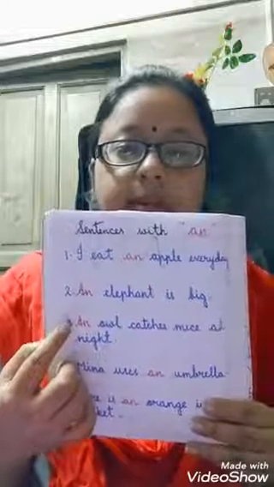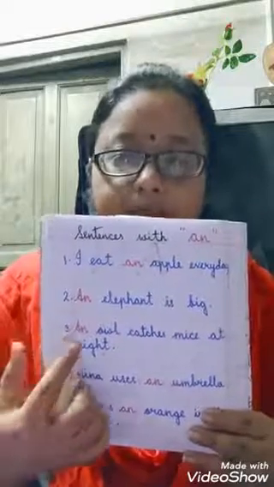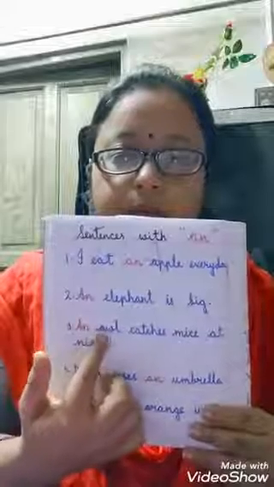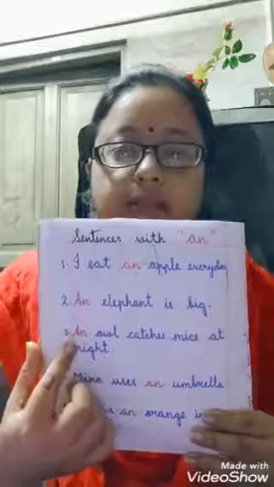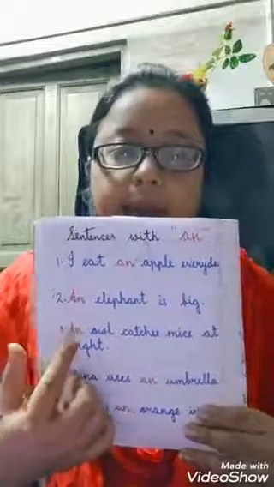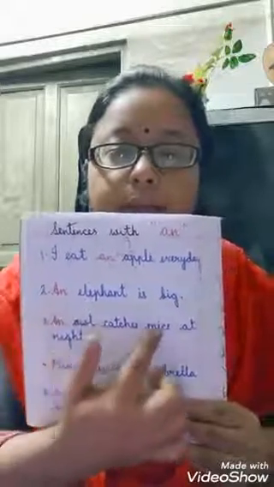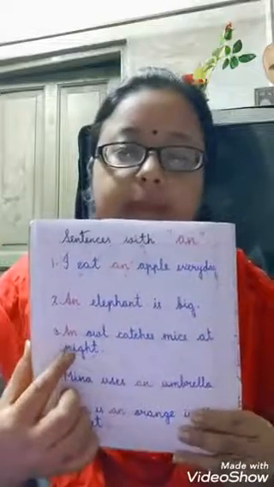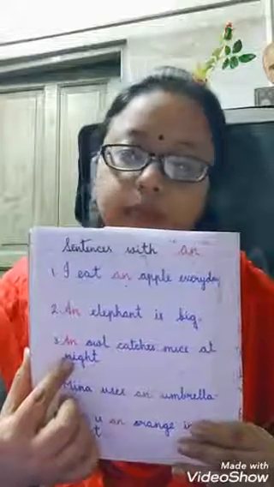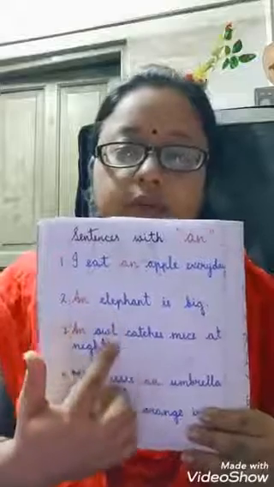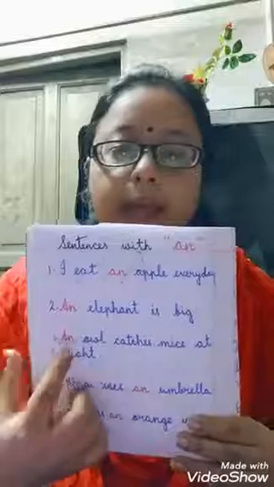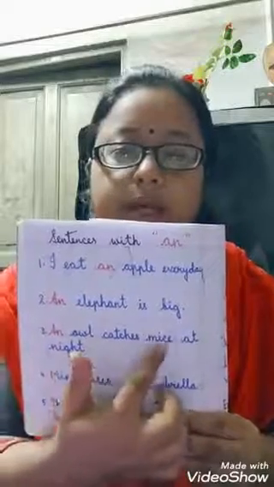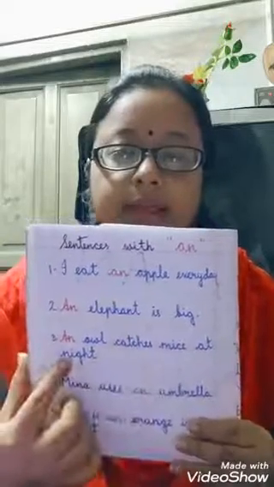Again, I am starting the sentence with an. As there is owl, which is starting with O, I am starting this sentence with an. An owl catches mice at night. Here again I am talking about only one owl.